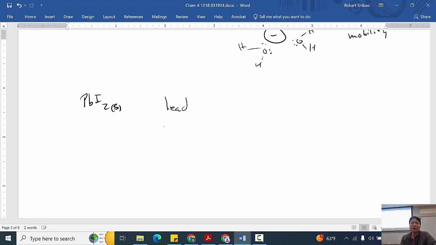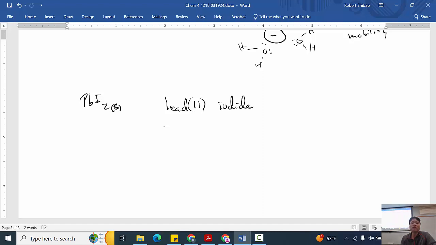We would name it lead diiodide if it were a molecular compound, because it would be a binary molecular compound. But since it's an ionic compound, we don't name it lead diiodide. We would name it lead 2 iodide. Just iodide.